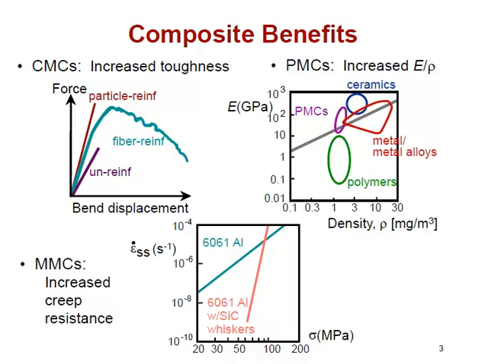Looking to the right at the PMCs, or polymer matrix composites, again, the main goal there was to increase modulus while not also increasing density. So you can see the green circle towards the middle of the plot representing the unmodified, the unreinforced matrix of polymers.